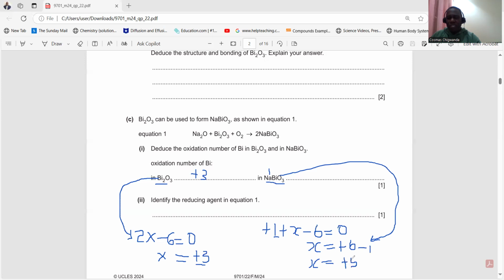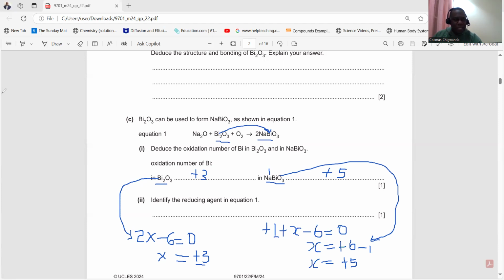So already you can see that something has happened to our bismuth from this side, okay, to that side, okay? Something has happened. Its oxidation state has actually changed. So when oxidation state changes, it actually illustrates either gain or loss of electrons, okay? Right, so it's moving from +3 to +5, okay? So there's a reaction which is happening here because you see our bismuth actually changed, okay?